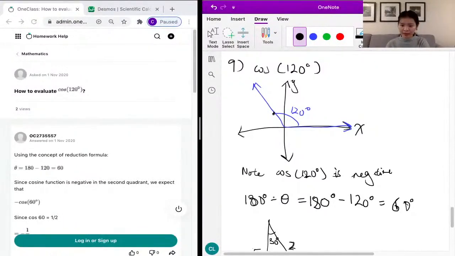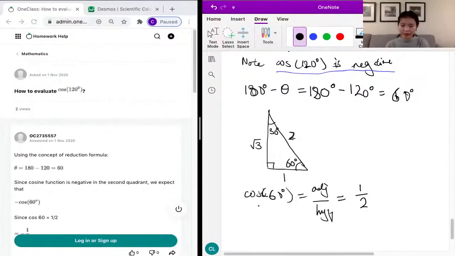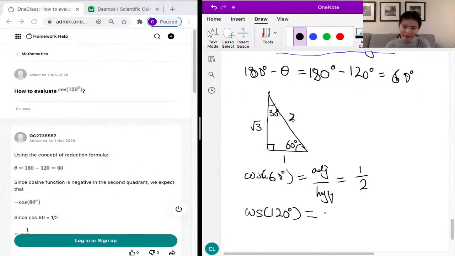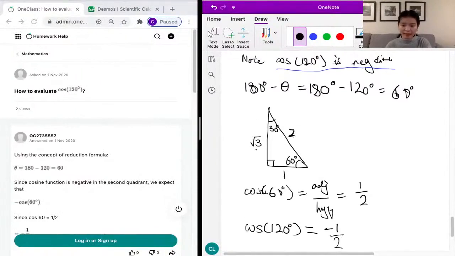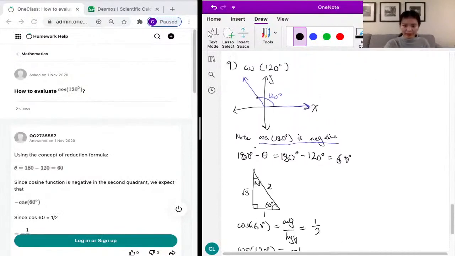And we know, based on our result over here, that the cos of 120 is negative based on our unit circle. So the cosine of 120 is negative 1 over 2. Negative 1 over 2. And that completes our solution of finding the cosine of 120.